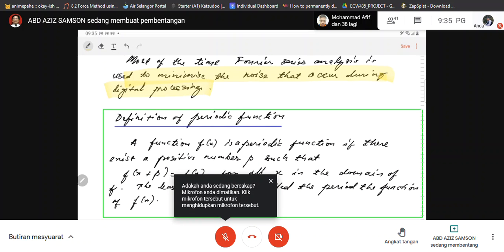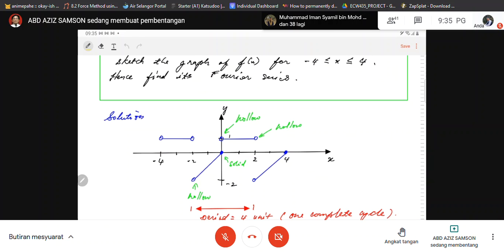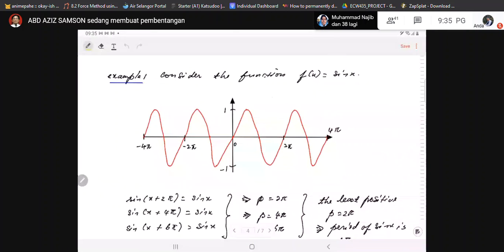Now, what is meant by a periodic function is that a function is periodic if there exists a positive number p such that f of x plus p is equal to f of x for all x in the domain of f. And p here must be positive. So that is the definition of periodic functions.